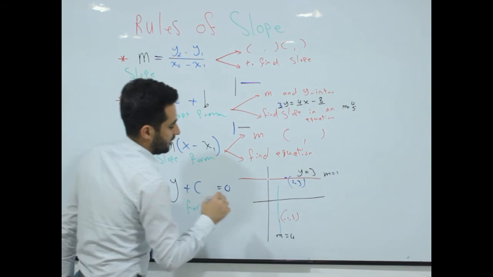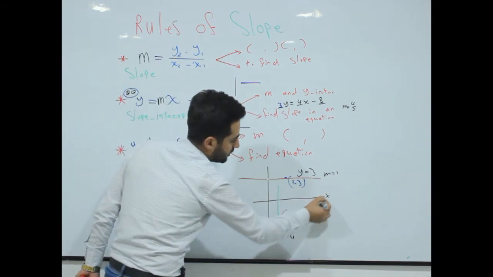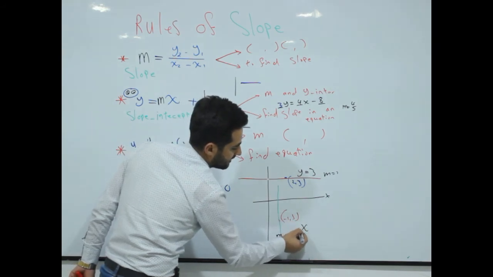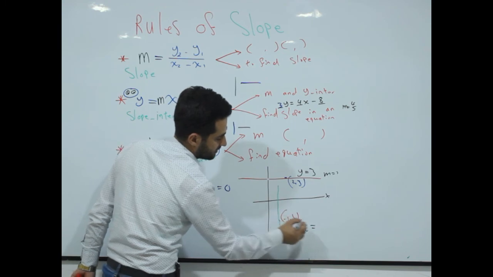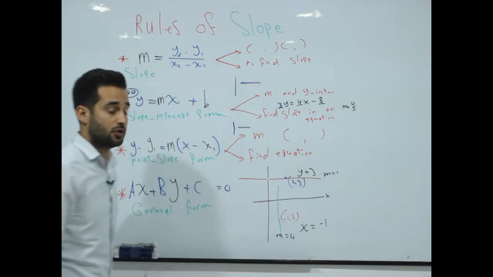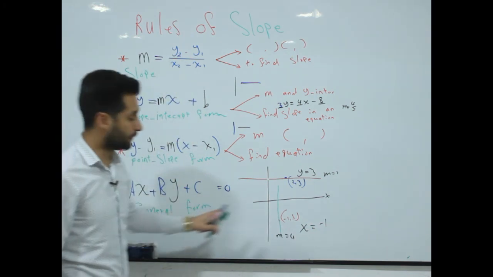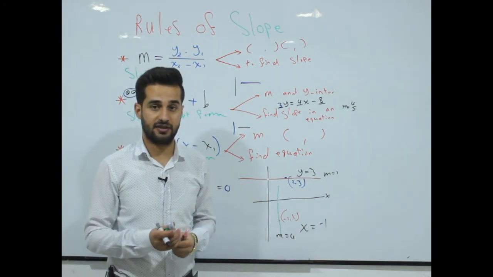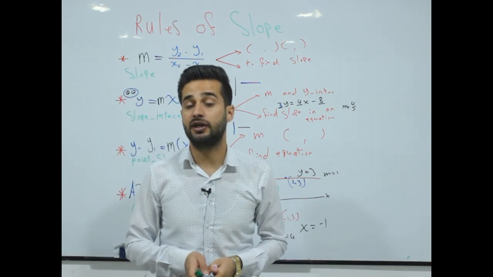But here, guys, we said the line is passing through the x-axis, so the equation is x equal to -1. So don't use those for horizontal and vertical lines. This is all about the slopes of a line.